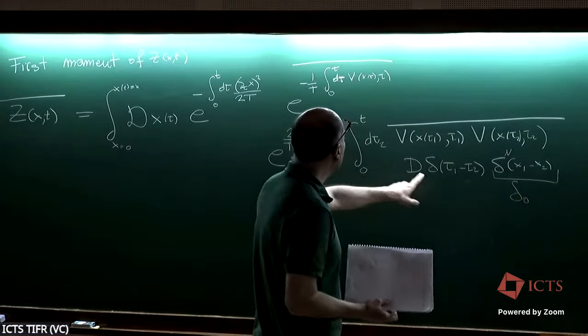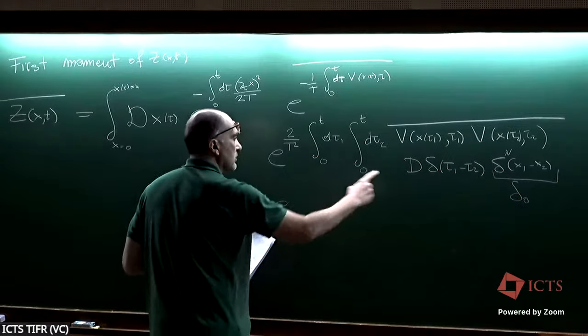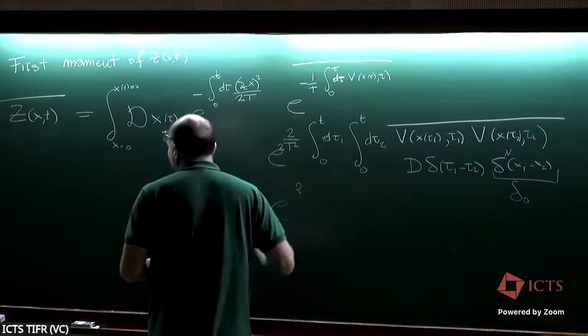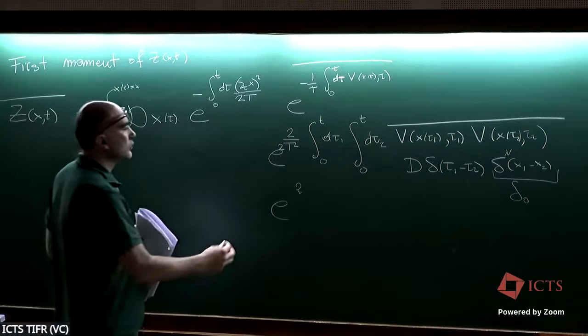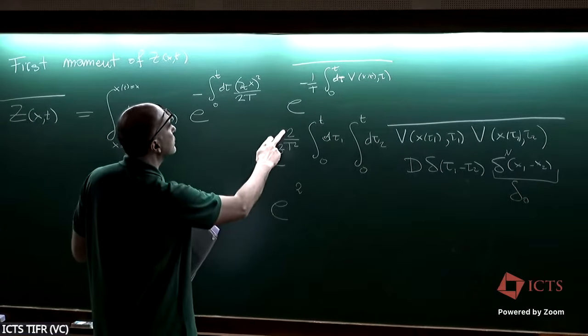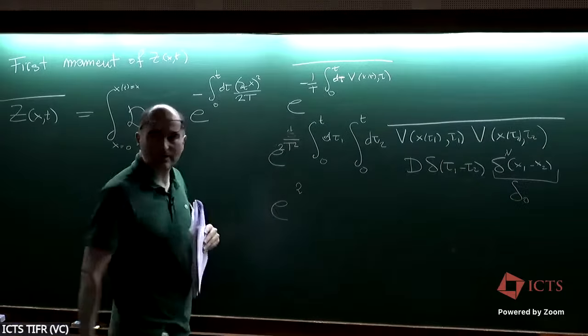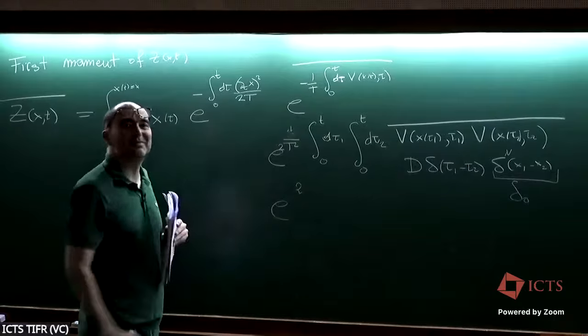And now if you do this integral, you see that you have an exponential. I forgot there was 1/2 here. Okay, why is there this 2, by the way? There is no 2, no? Yes, I put the 2, but in the wrong place, sorry. So the 2 is below.